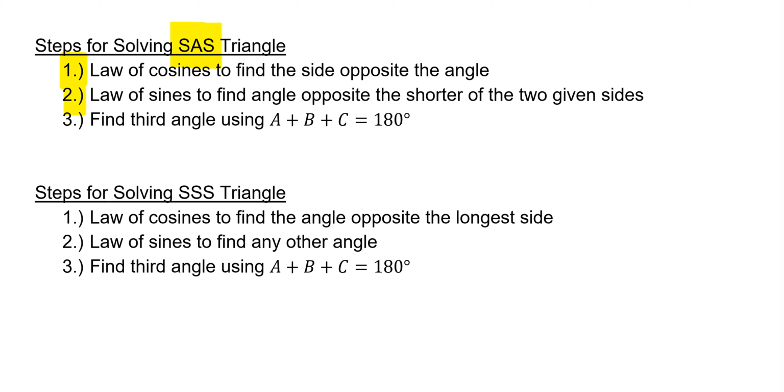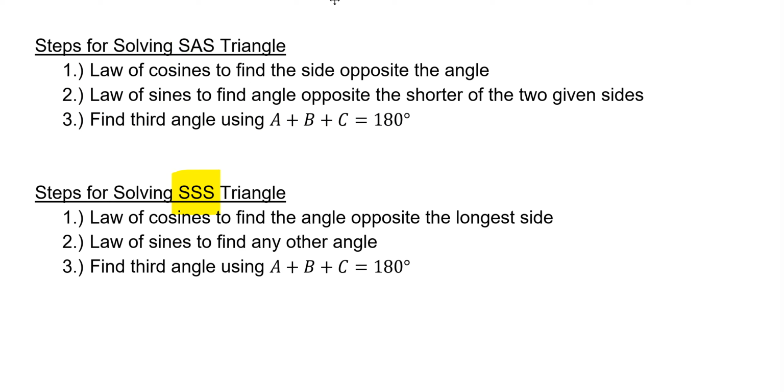Step two, we're going to use law of sines to find the angle opposite the shorter of the two given sides. Step three, find the third angle using A plus B plus C equals 180 degrees. So step three here is probably, and hopefully you agree, the easiest step out of these three steps. So hopefully, as long as you know the first two, the third one will end up being obvious. So that's for a side angle side.